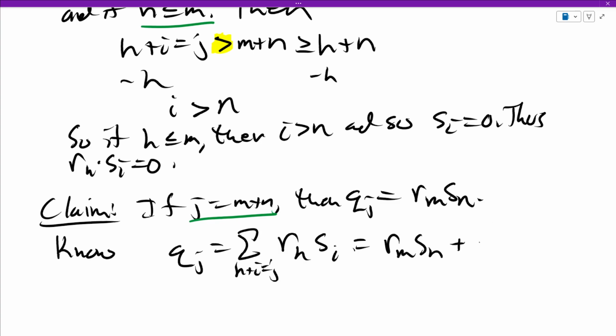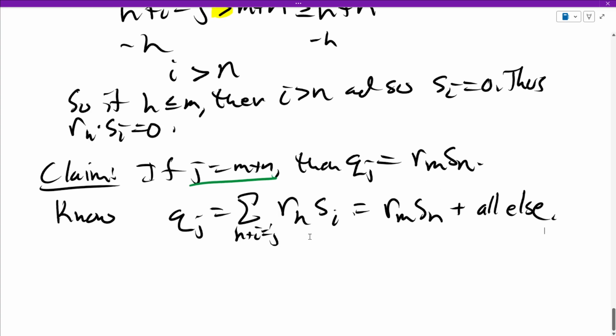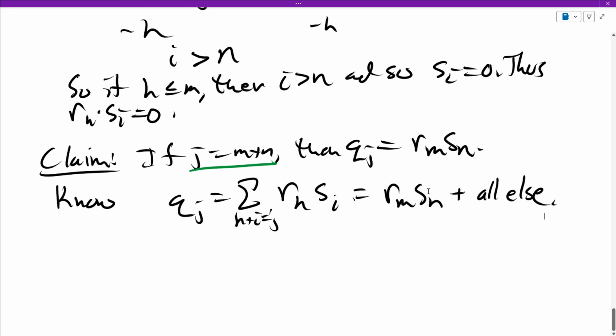And then we're going to get everything else. What are the terms that show up in the all-else part? Well, they're terms where the index h is either less than m or bigger than m.